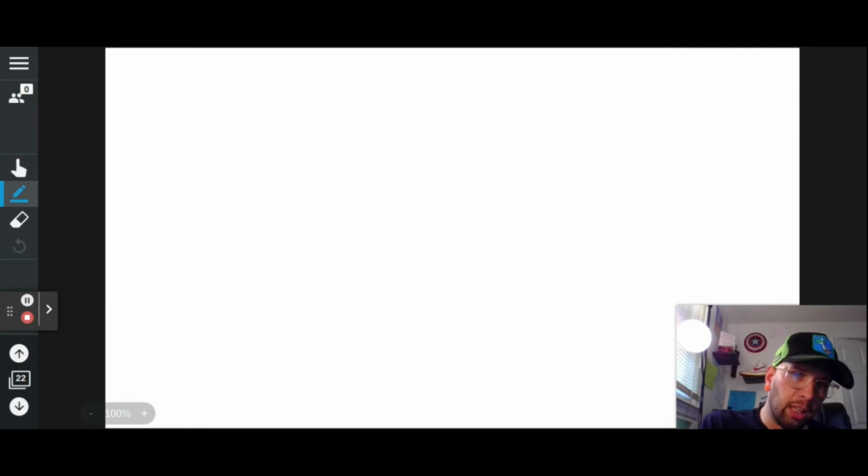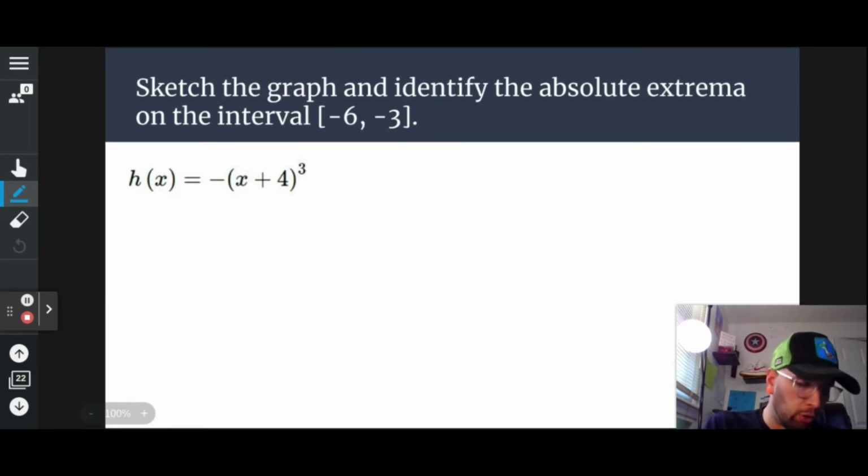So the same exact thing, but I believe we deal with absolutes now. So I have negative, what is it, x minus 4 cubed.